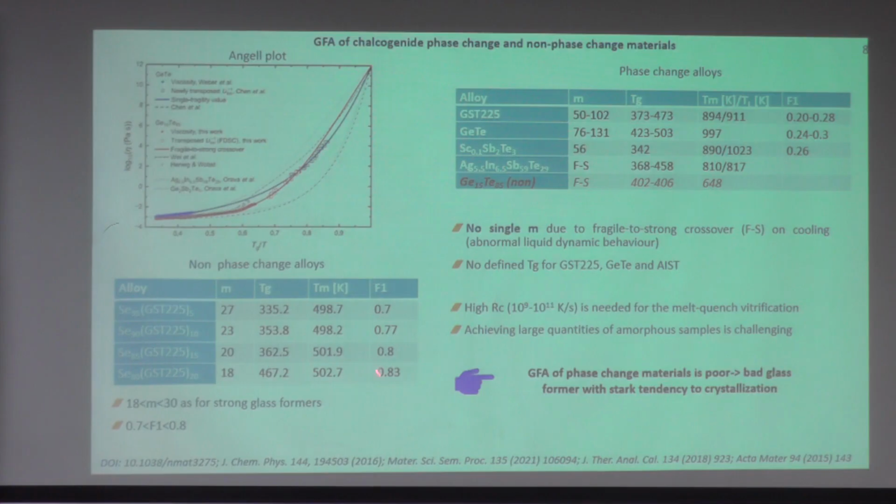Also the Senkov parameter is very large. So this is the signature of strong glass formers. In the case of phase change materials, we can see from all this data that these are bad glass formers, so the glass forming ability is very poor.